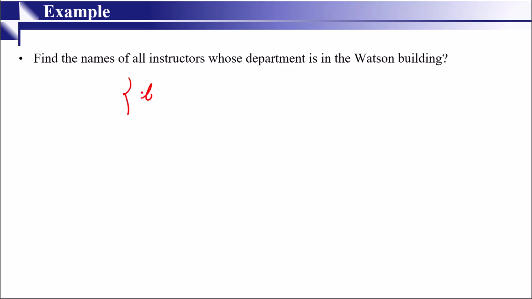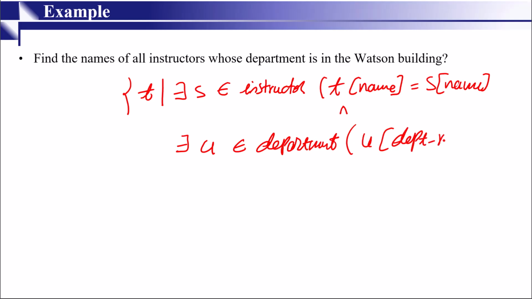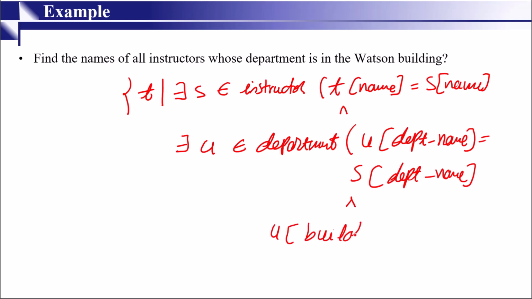So we write T, there exists S in instructor where T.name is equal to S.name, and there exists U in department where U.department name is equal to S.department name, and also U.building is equal to Watson.